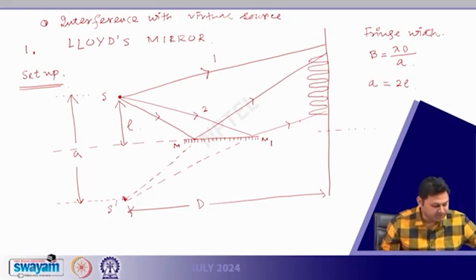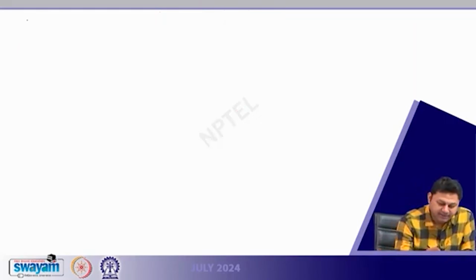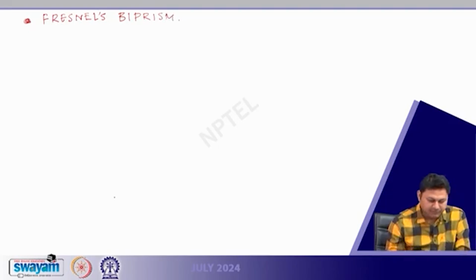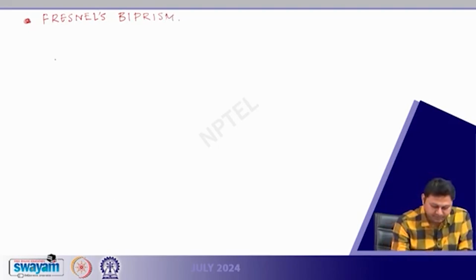Another example, quickly, whatever the time we have, is called Fresnel's biprism. In Fresnel's biprism, we have a plane here where we have a source sitting here.